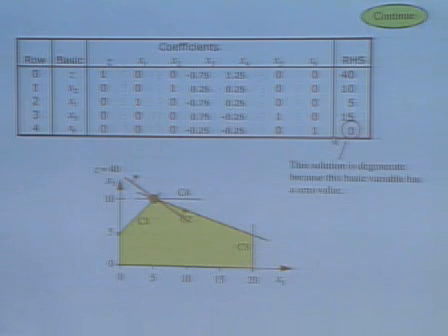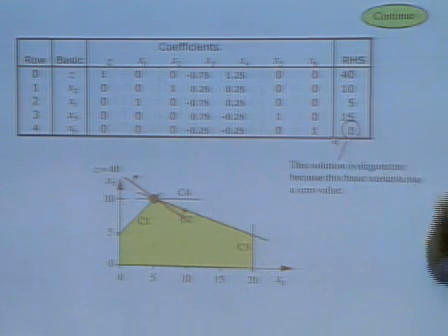So it will remain basic, but at 0 level. Okay? So far in our examples, we've seen the non-basic variables are at 0 level, and all basic variables have positive values. So here's an example where we are at a solution where some basic variable has 0 value.